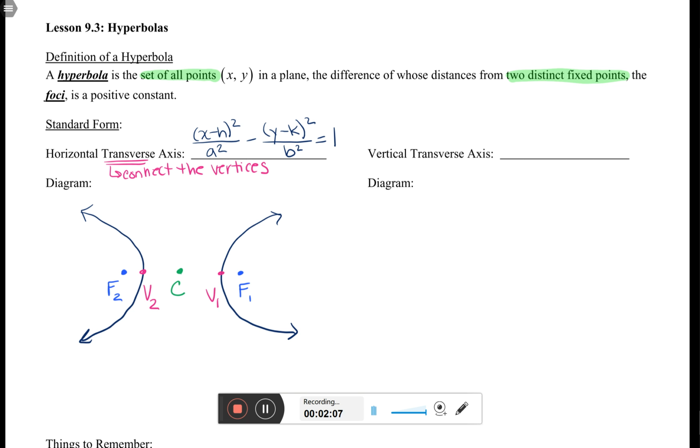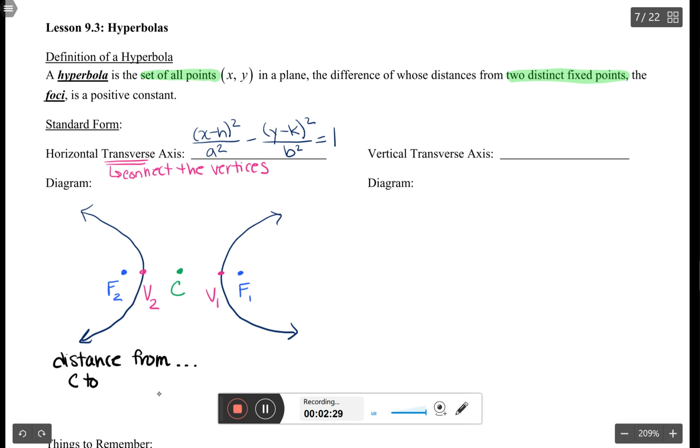So the distances that we learned in the ellipse section are the same here. So let's do the distance from the center to each vertex.